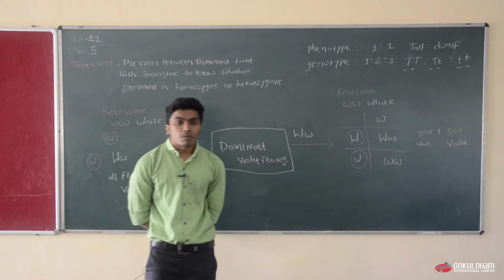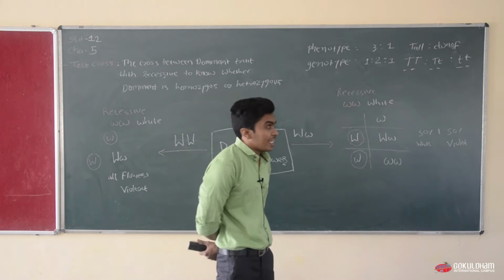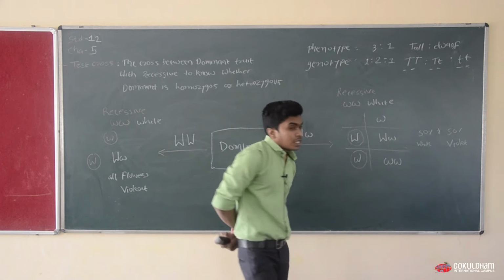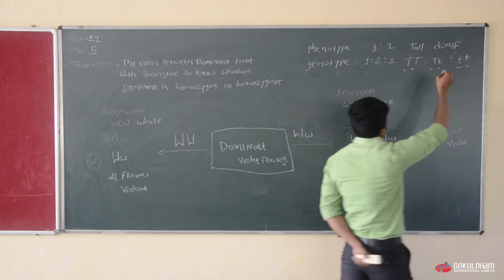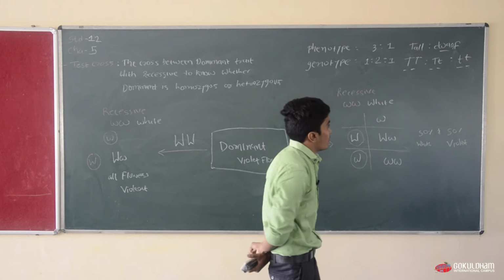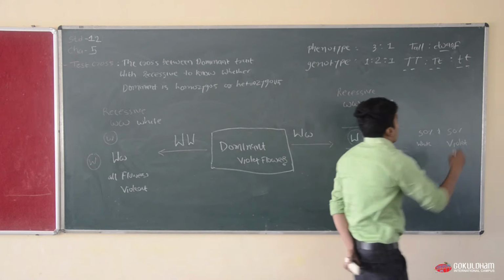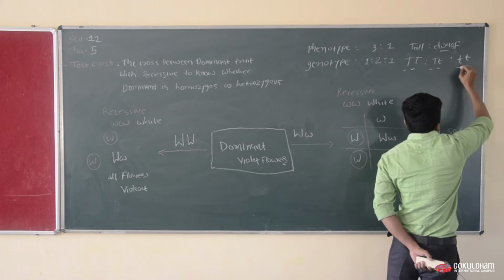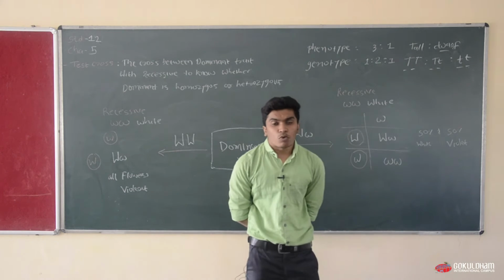Now let's see, on the basis of phenotype, can we determine the genotype of a particular plant? So let's try. This is the phenotype: tall and dwarf. If the plant is dwarf, we can say that the genotype of that particular plant should be small t small t.